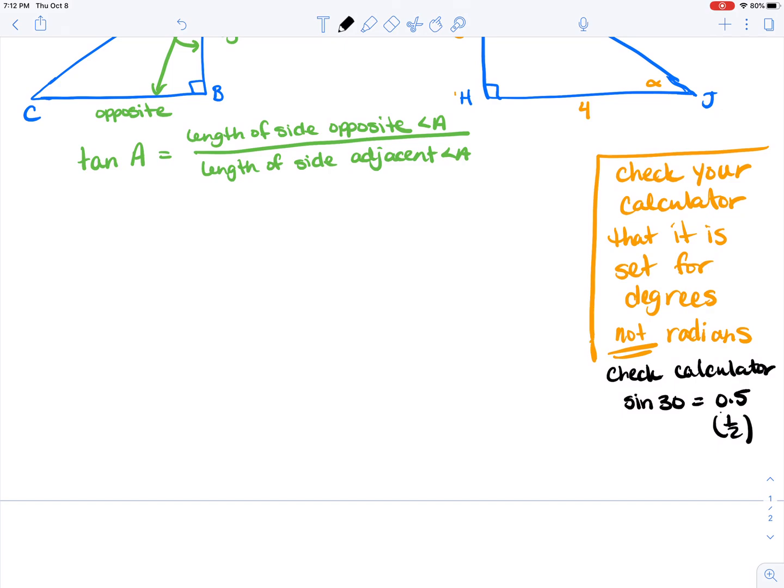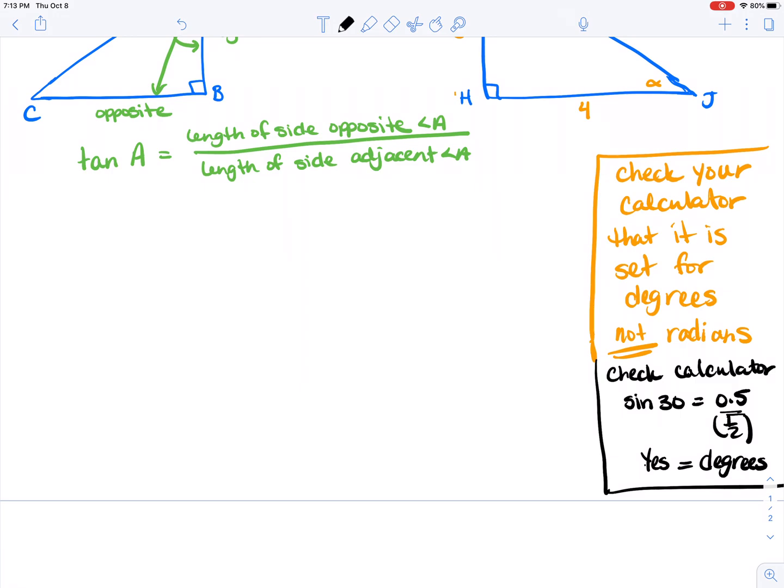If you get this as an answer, then you know, yes, my calculator is in degrees. If you do not get that, then you are in radians and you'll need to go into your settings and change your mode to degrees. Now, if you need to do that now, pause the video, check your calculator, and come back for the rest of the tutorial.